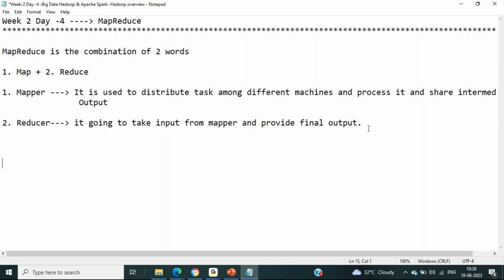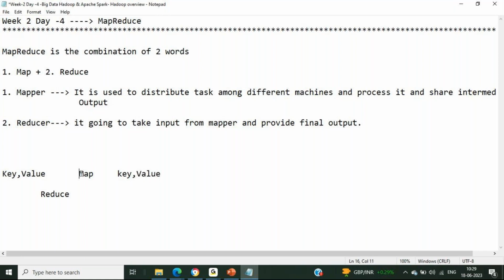The main thing that you need to note is that map and reduce both work on the key and value pair. The input to the mapper will be key and value, and the output of the mapper will also be key and value. So this will be input and this will be output.